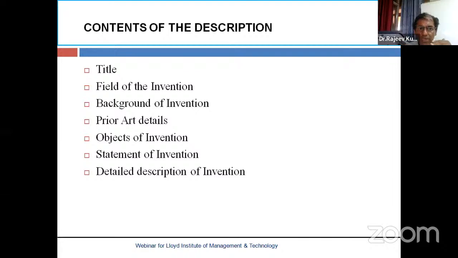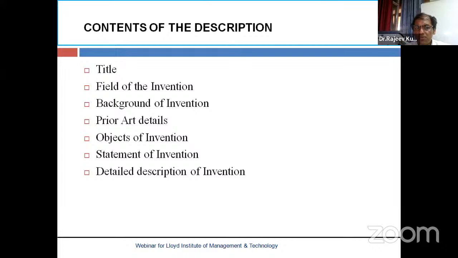Okay. So title, field of invention, background, then we give the prior art details, then we say what are the different objects of the invention. That means the objectives, why your invention is so important and what all can be solved by your invention. That all comes under objects of invention.